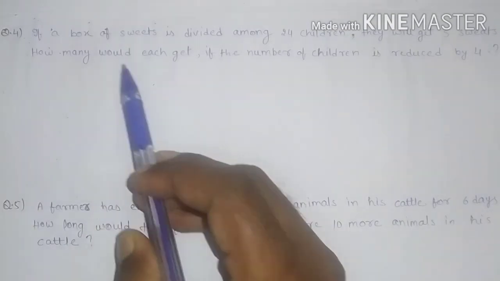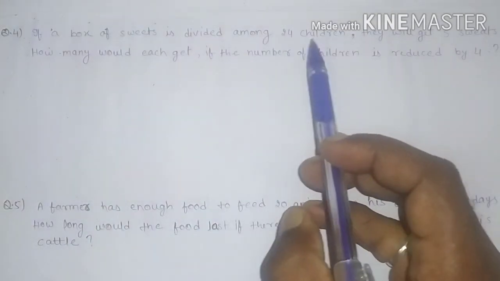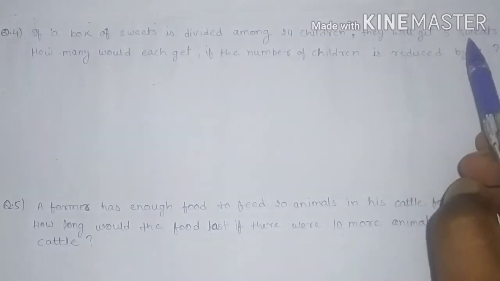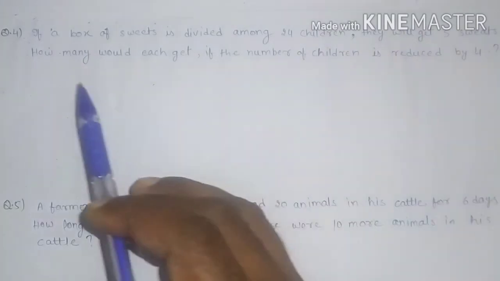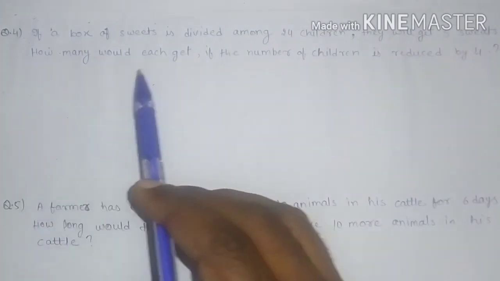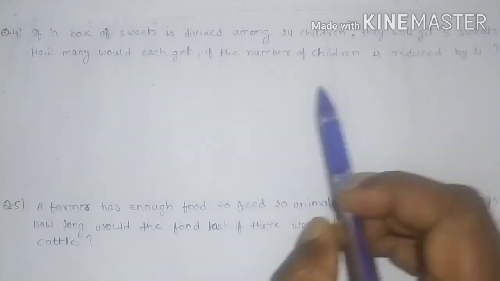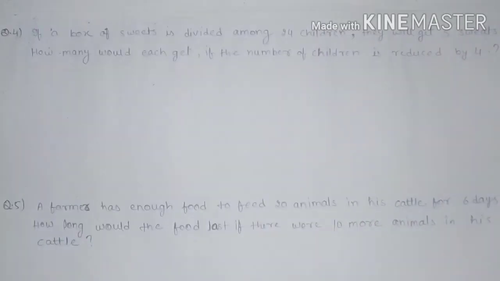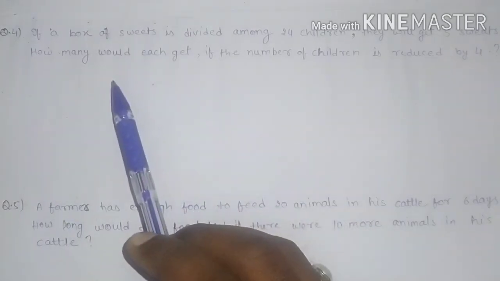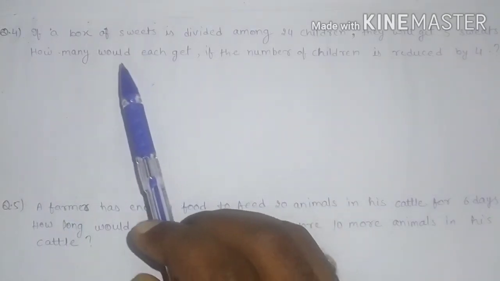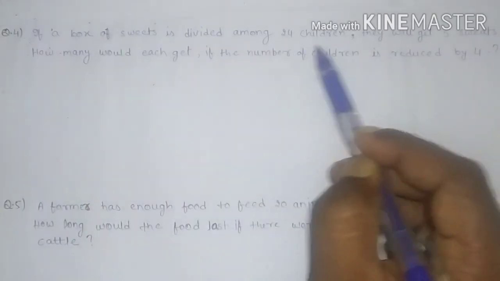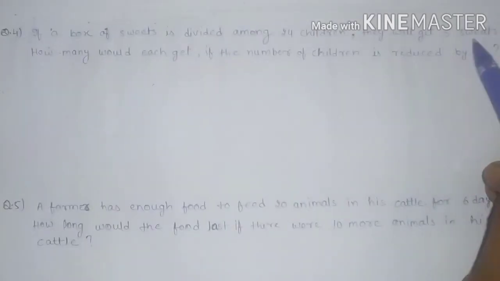If a box of sweets is divided among the 24 children, they will get 5 sweets each. How many would each get if the number of children is reduced by 4? Okay, what is given in the question? The sweets are divided amongst the 24 children, and they will get 5 sweets each.